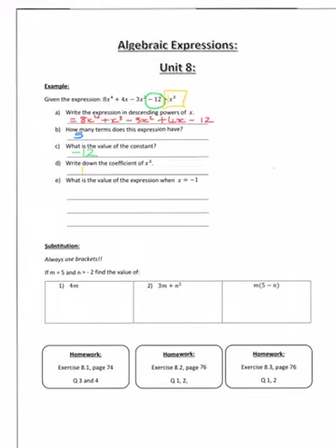Alright, so then what is the value of the expression when x is equal to negative 1? So we're doing substitution. So we're going to have 8, instead of x, I'm going to have negative 1 to the power of 4. Put it in brackets, please. Plus, now you can use the original or the one from A, it doesn't matter.